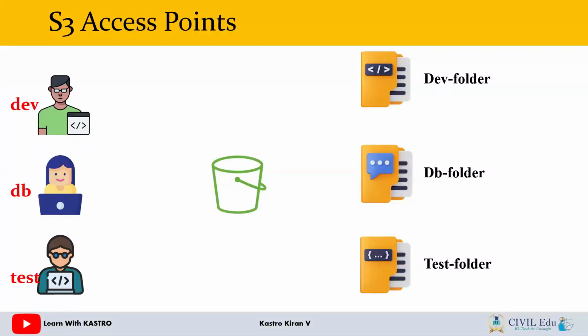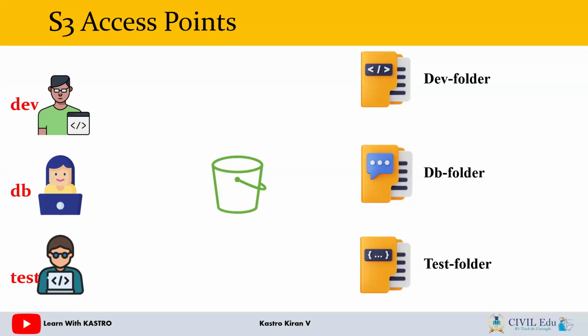By the end of this demo, you must have got to know that I have created two IAM users, a dev user and a test IAM user. For the dev user, I want to give access to the dev folder. For the test IAM user, I want to give access to the test folder. What I have done is create a bucket, create folders inside the bucket, and then create the IAM users.